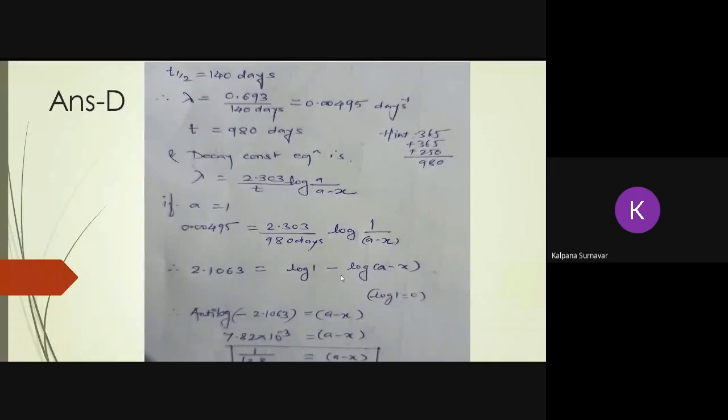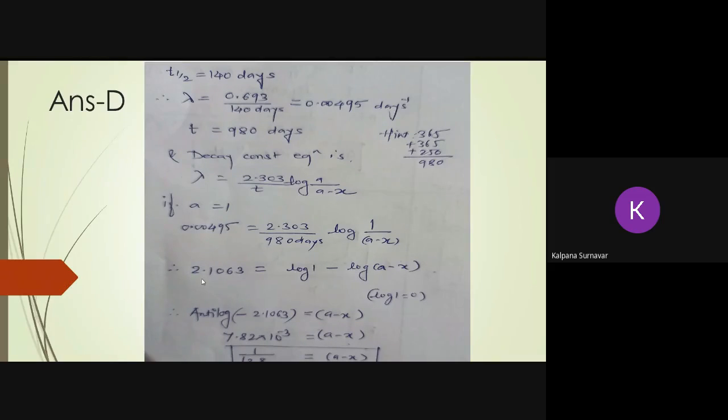Just simplify this term: log of 1 minus log of a minus x. According to the mathematical law, log of x upon y is equal to log of x minus log of y. This log of 1 answer is 0, that's why we can neglect this term.